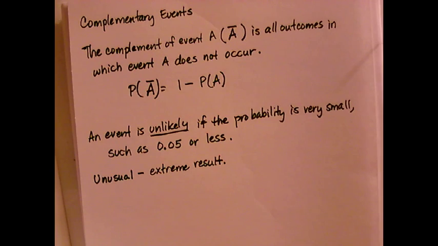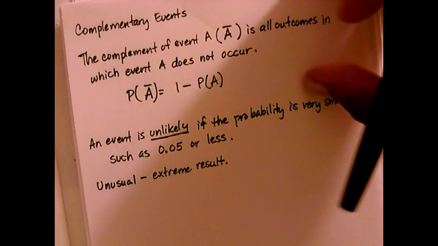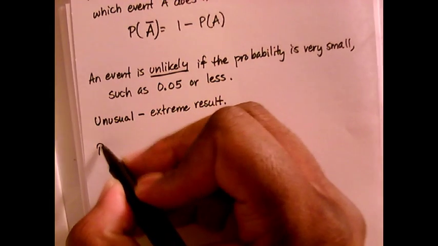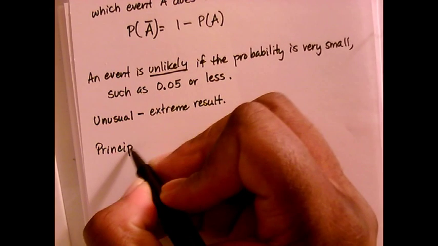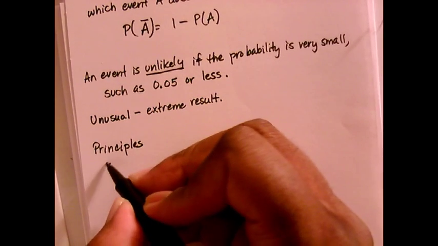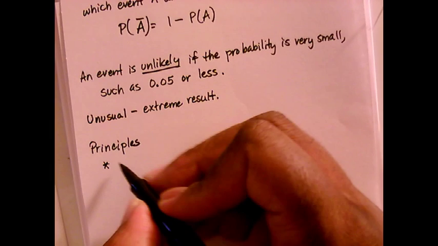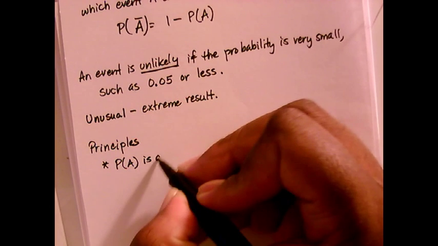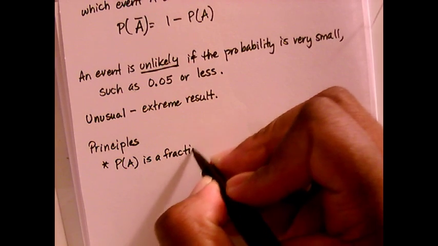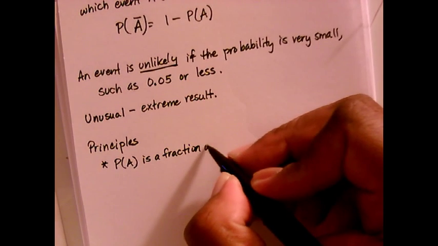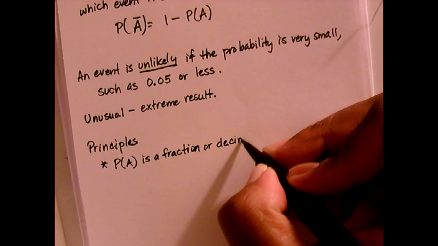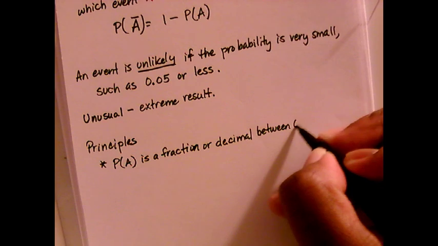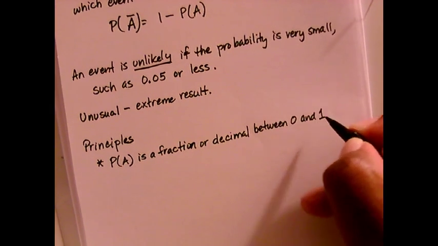Now I do need to mention some principles and notation for probability. Let's start with some principles. One is this: the probability of event A, for example, is going to be a fraction or decimal, and it's usually going to be between 0 and 1.